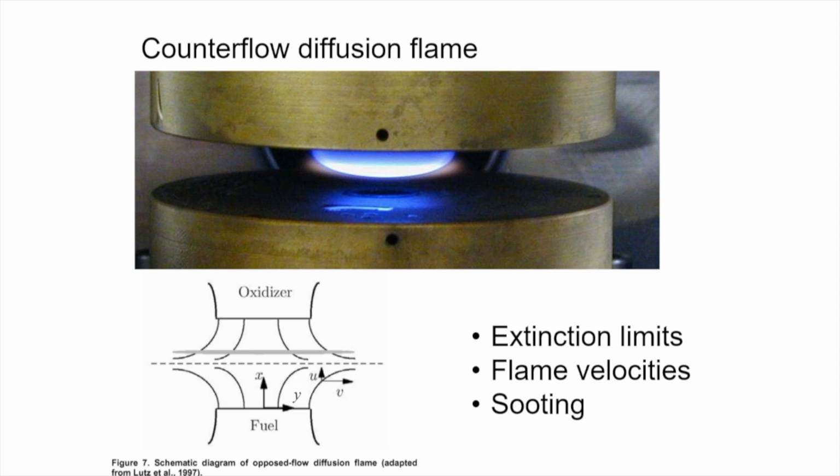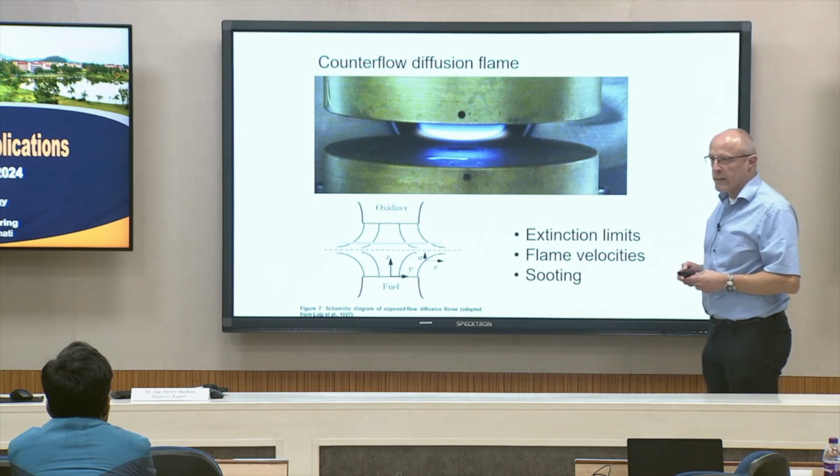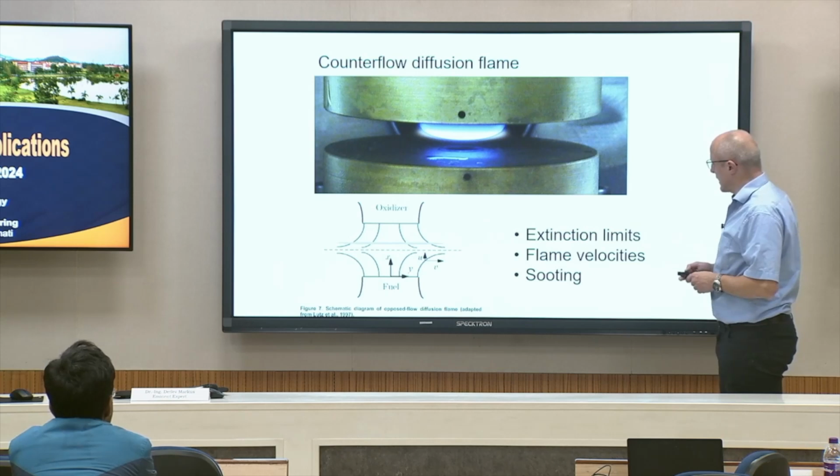And of course, depending on our outflow velocity here, we have a stretch of this flame towards the outside. So we can examine, for example, extinction limits, at which strain rate the flame no longer can exist.